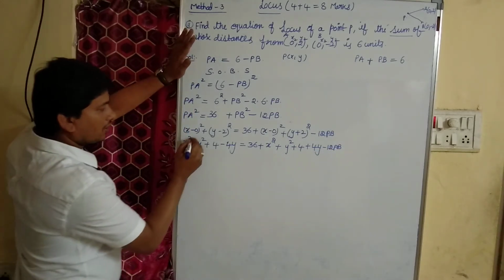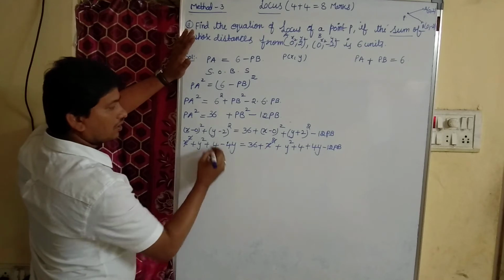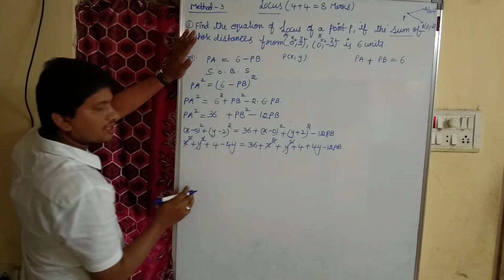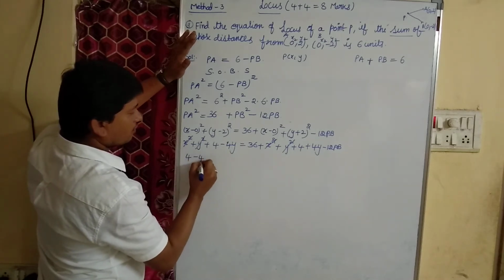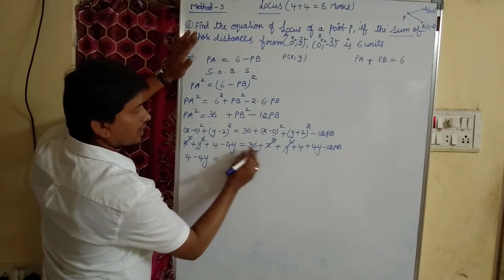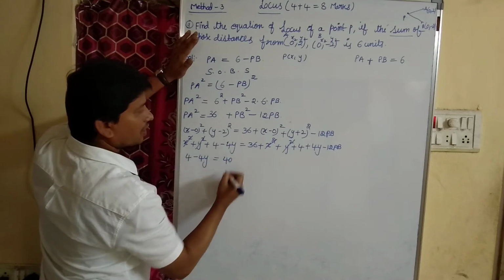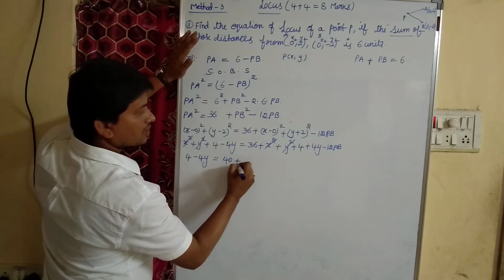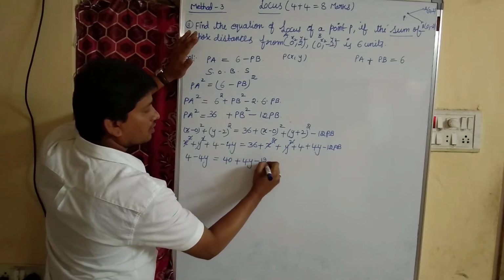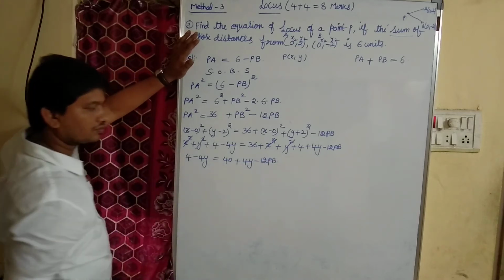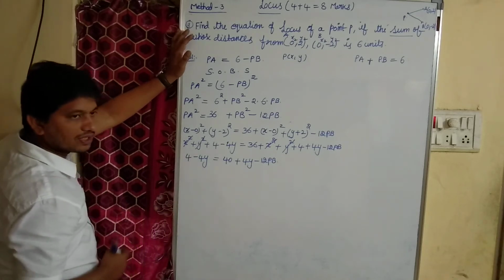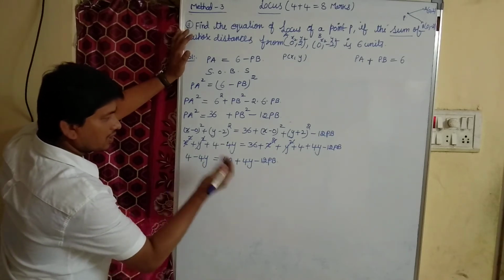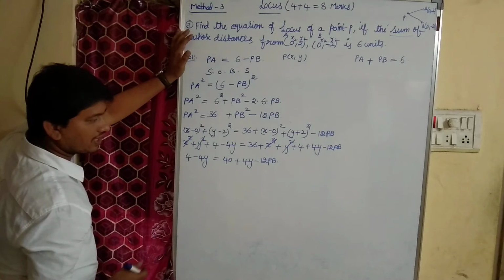Right? x square cancels, y square cancels. Here 4 minus 4y equals 36 plus 4 plus 4y minus 12 PB. Right? So let us take all terms towards the left hand side.